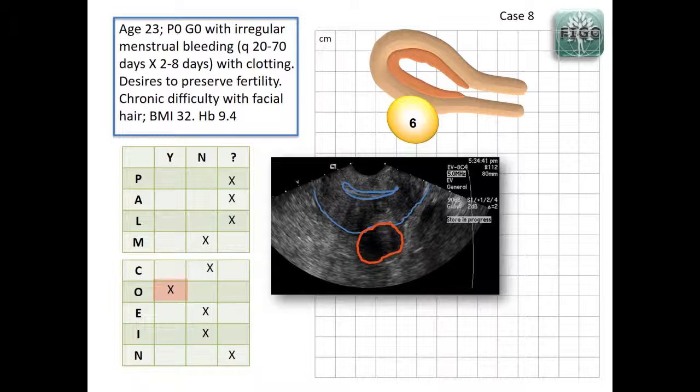At her age, malignancy can be largely excluded. She doesn't have a polyp, she doesn't have adenomyosis, and she does have a leiomyoma, but it's outside the endometrial cavity. And there are no other identified abnormalities. So likely, therapy for this patient can be directed at the ovulatory disorder if we assume that the leiomyoma is asymptomatic.